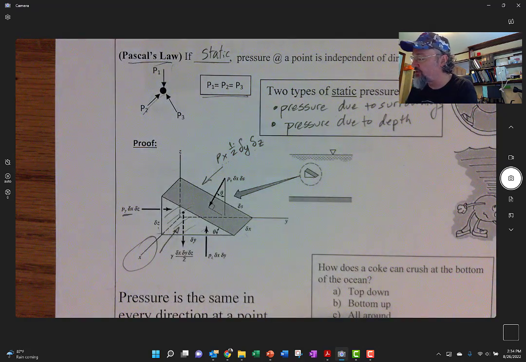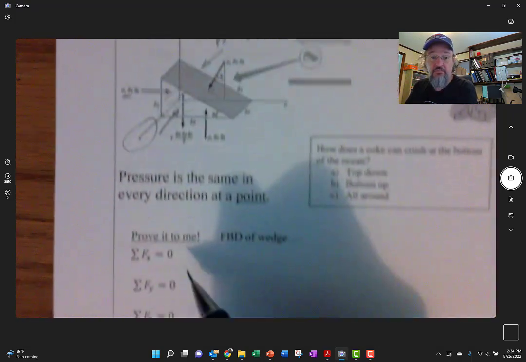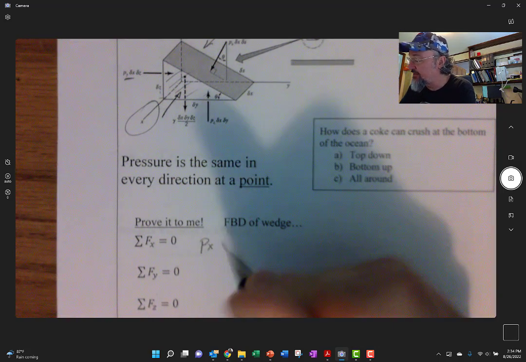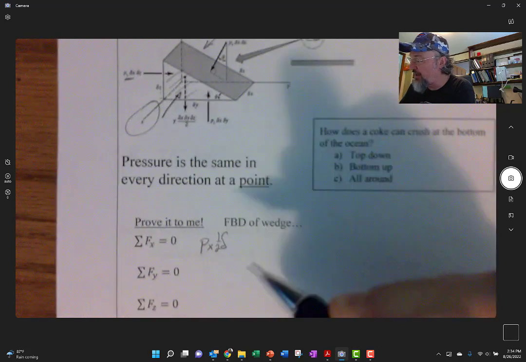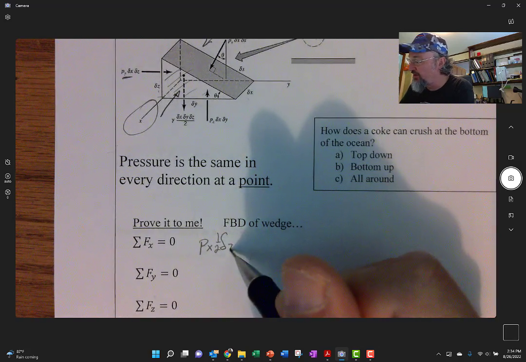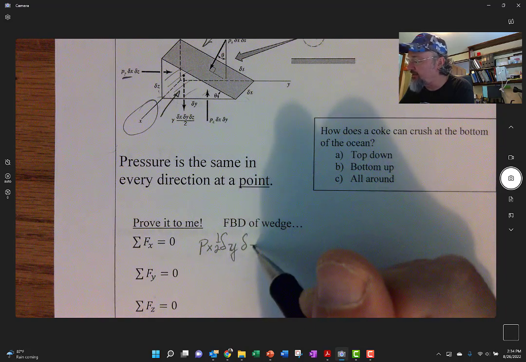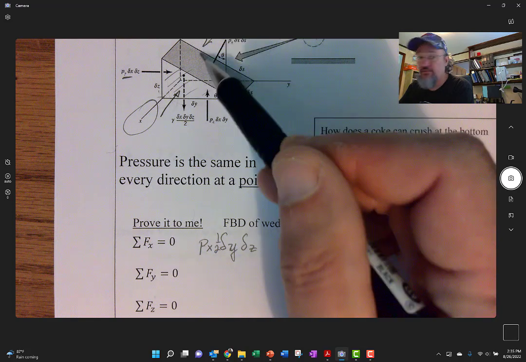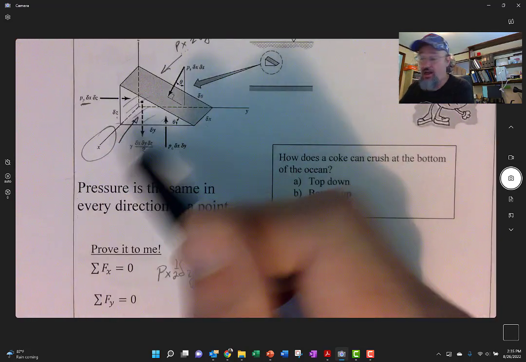So in the sum of the forces in the x direction on this wedge, we're going to take p_x, lowercase p, and I forgot my 1/2 because it's a triangle, 1/2 del y del z. That's in the positive x direction, but we're also going to have the negative x direction.